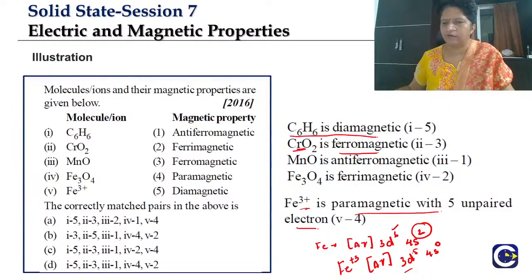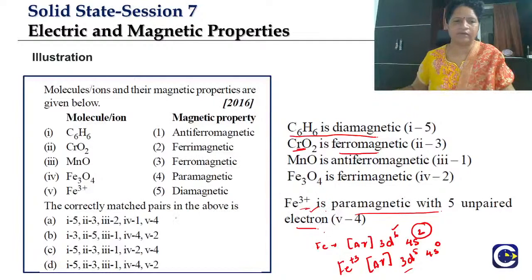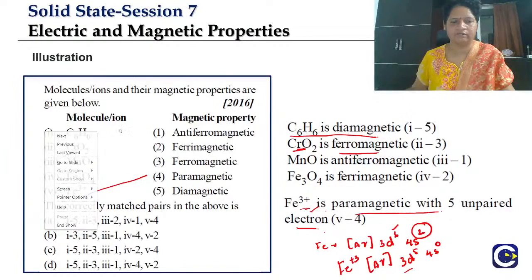All 5 electrons are unpaired, so Fe plus 3 is paramagnetic with 5 unpaired electrons. This is 4th. Benzene is diamagnetic.